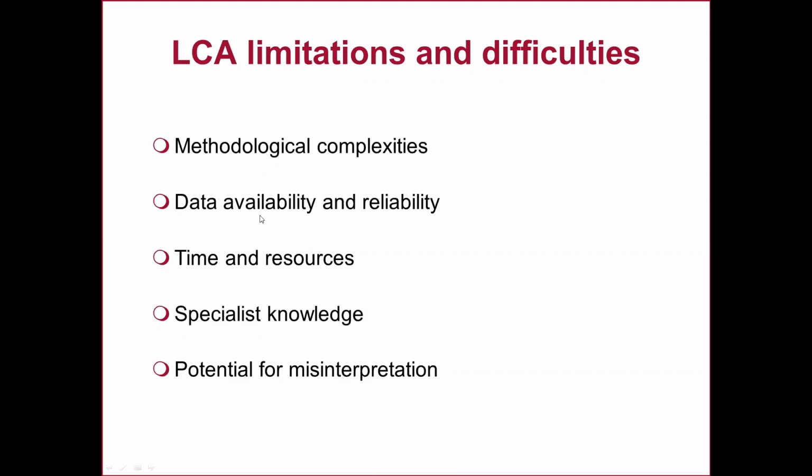one of the most important issues, which is the availability of data and its reliability. It's not just about the primary data, how much material is used or how much energy is used, but it's also about the secondary data: whether that material was produced in a particular country, in a particular factory, for example, or shall we use an average data of the global material production?